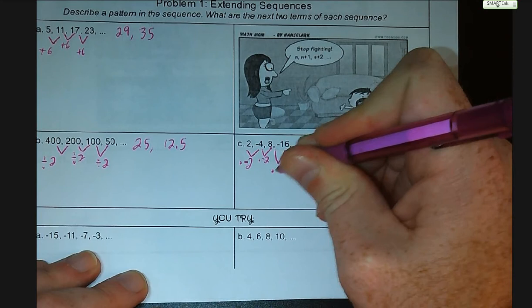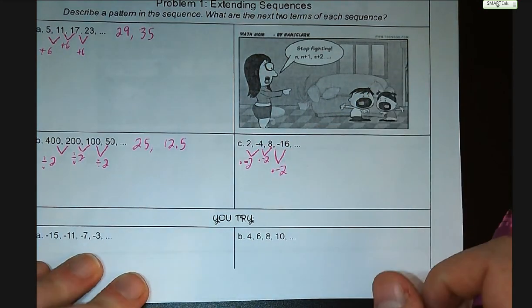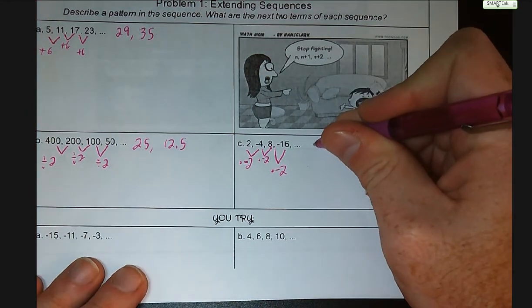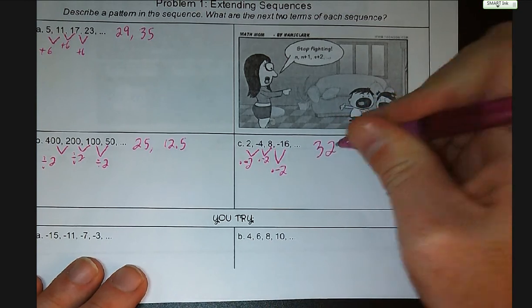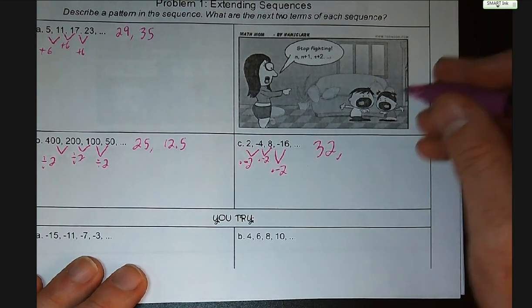Same thing with negative 4 to a positive 8, and positive 8 to negative 16. So for our next number, we multiply negative 16 times negative 2, which gives us positive 32. And then positive 32 times negative 2 is negative 64.